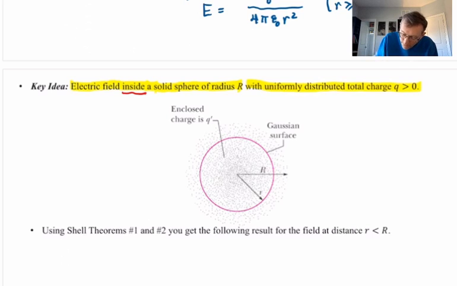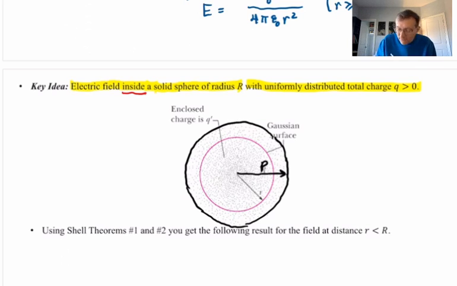So now, remember, the surface of the actual sphere big R is out to there. And now we've picked a location inside this solid. And we want to know the electric field there.